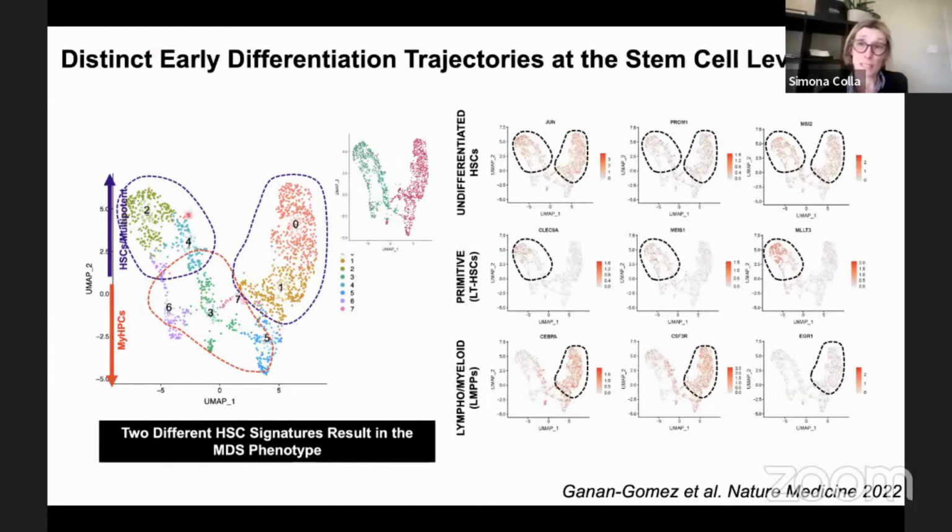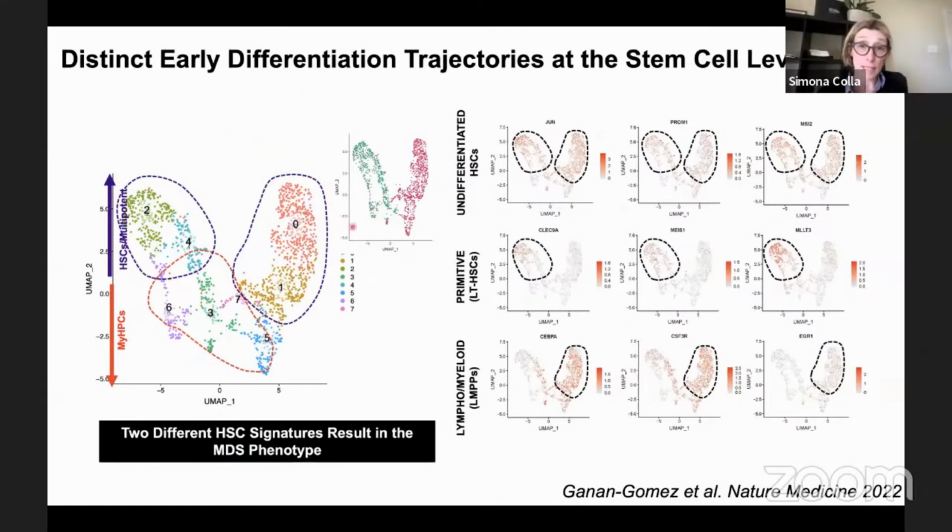But then we asked the question: this cluster here identifies the stem cell, are the stem cells between the two groups different, as we observed by flow cytometry?